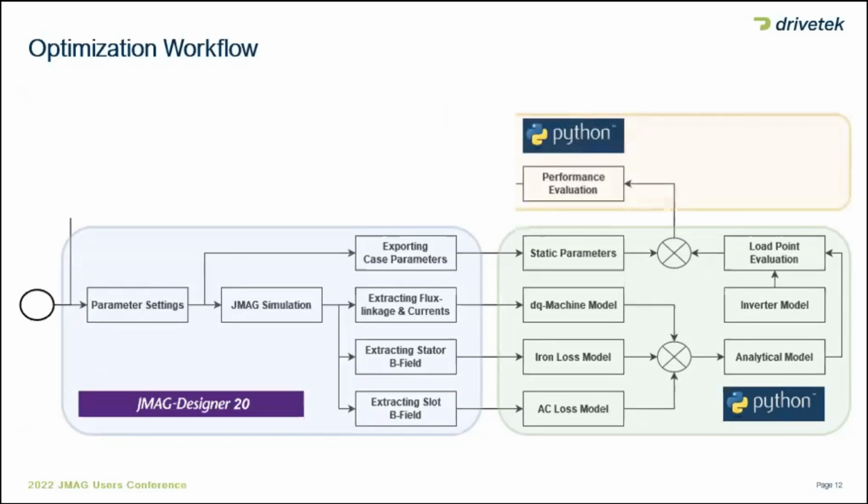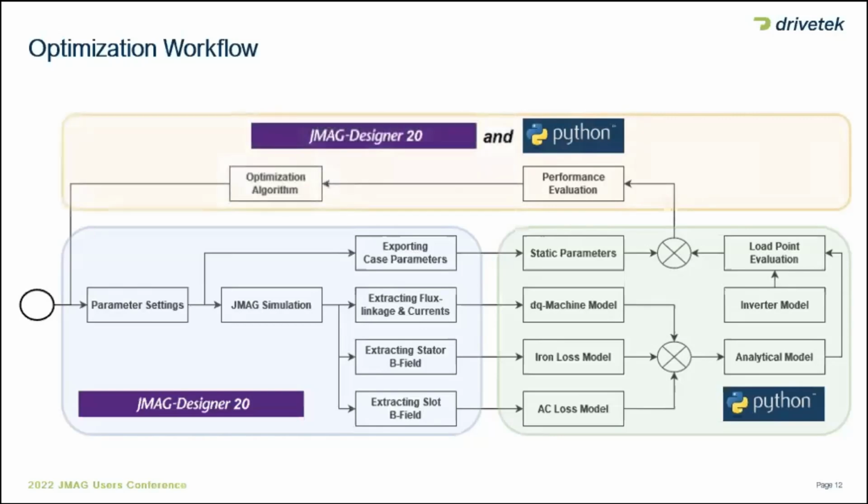This is also usually done using Python, and the output of that is our target value. So those are the weighted losses, weighted machine weight, weighted rotational inertia, and so on. And we can feed those results back into the optimization algorithm and reiterate.